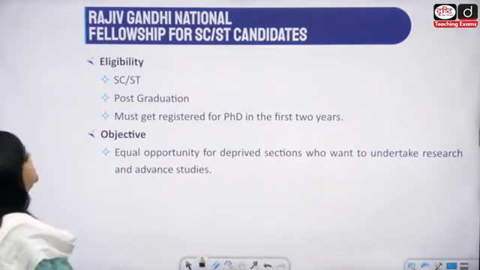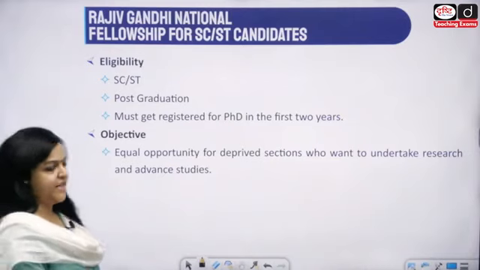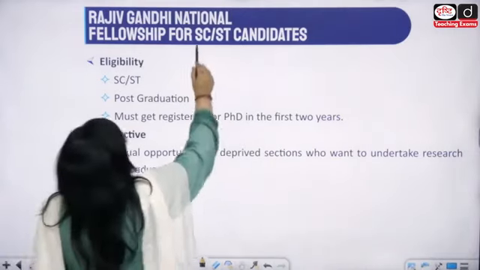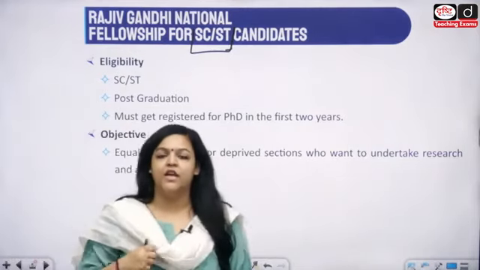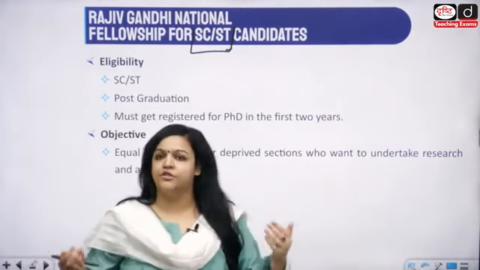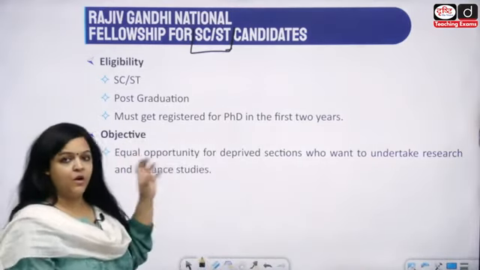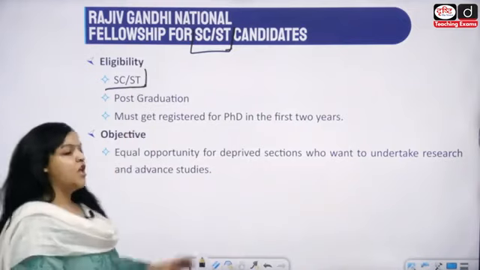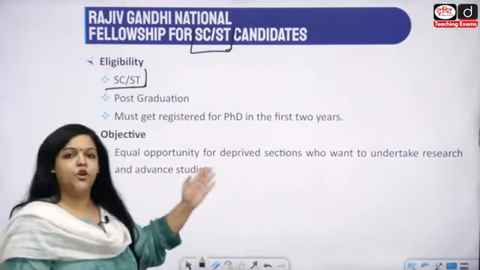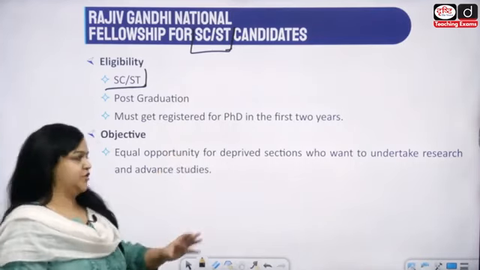Then we have Rajiv Gandhi Fellowship for SC/ST candidates. So as you can see, this is particularly for those who belong to the SC/ST, or the scheduled caste or scheduled tribes, right? So the main eligibility here is that you have to belong to this category. You should have completed your post-graduation.